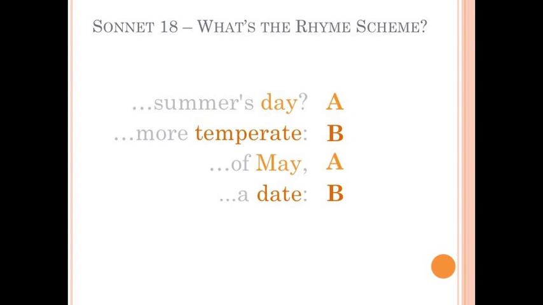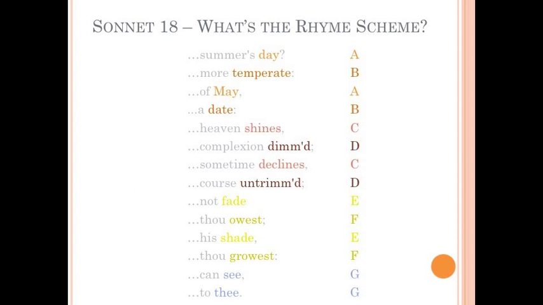If you take a look at the rest of the poem, the fifth line, or the first line of the second quatrain, introduces shines, which is a new sound, so that becomes C, and dimmed, another new sound, becomes D. And you'll see that the pattern follows until you get to the couplet at the end, in which the two lines rhyme with each other, so that gets G, G.